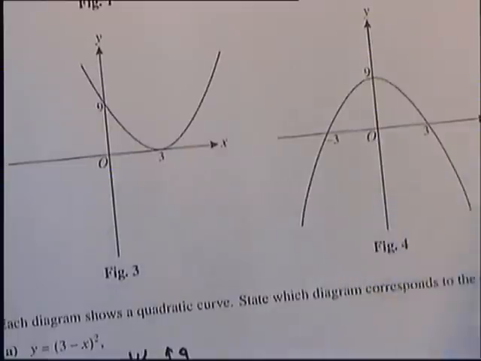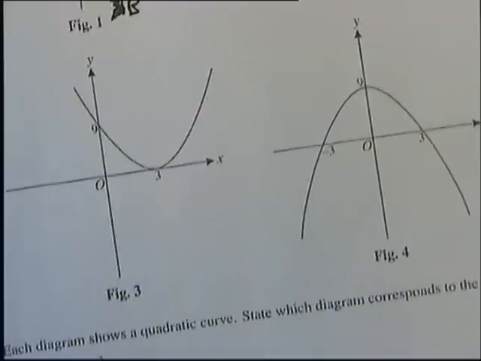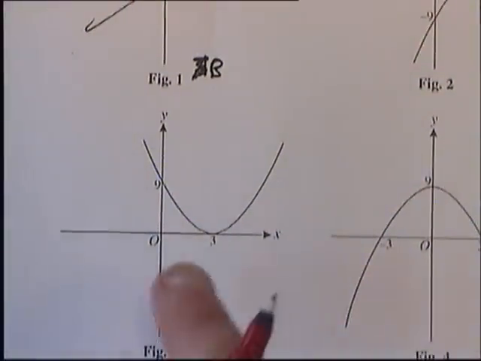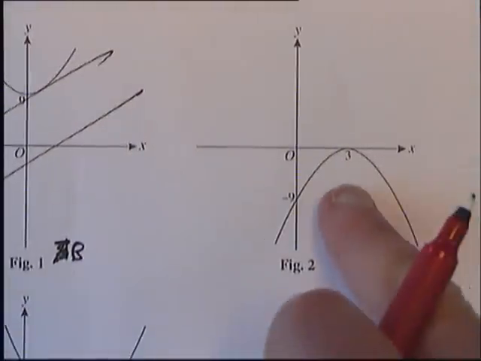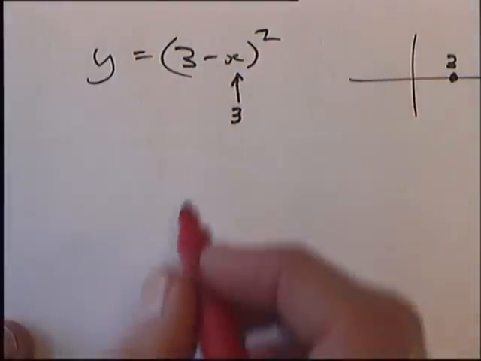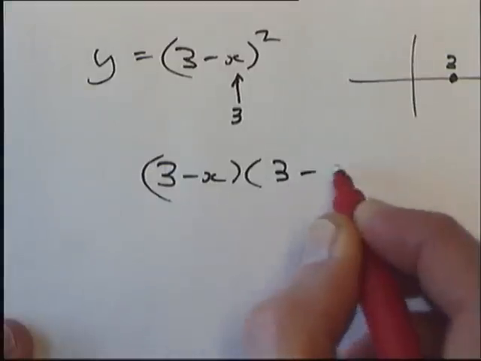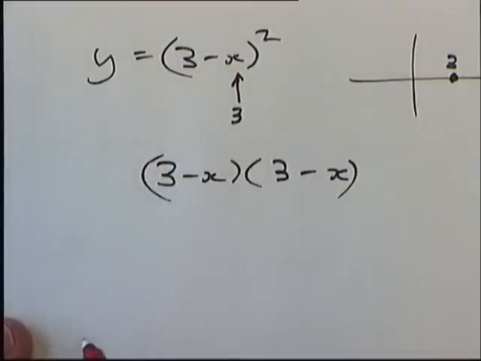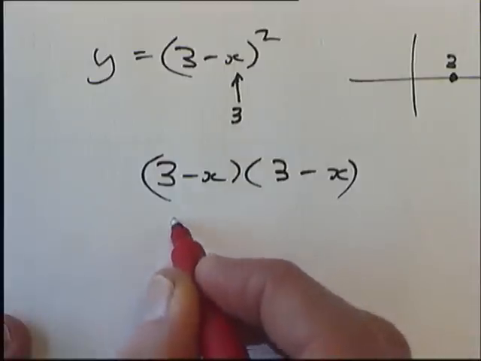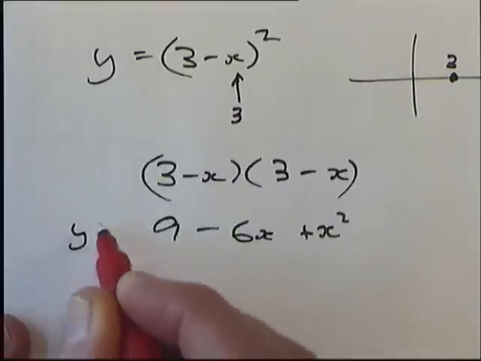So immediately that rules out this graph here, which is crossing at minus 3 and plus 3. So it reduces it down to this one here, or to this one here. Both of those cross at 3. Now if I multiply the brackets out, 3 minus x all squared means 3 minus x times 3 minus x. If I multiply that out, I will get 9 minus 6x plus x squared.